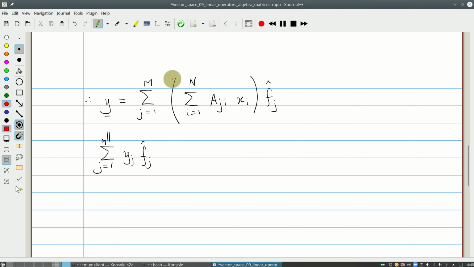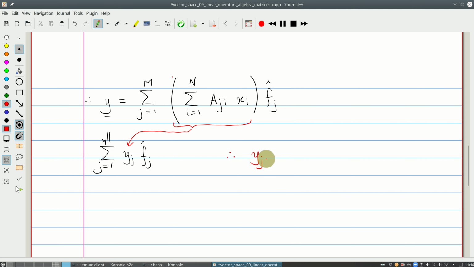We've got some stuff in the parenthesis, and then we have this f_j hat. The stuff from the parenthesis should correspond to the y_j. I'll tell you a little bit more on this soon, but let's just take it as it looks obvious and wave our hands a bit, as physicists often do.